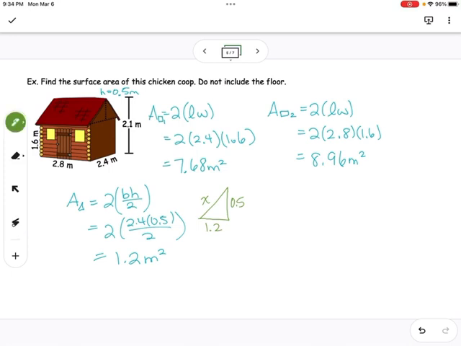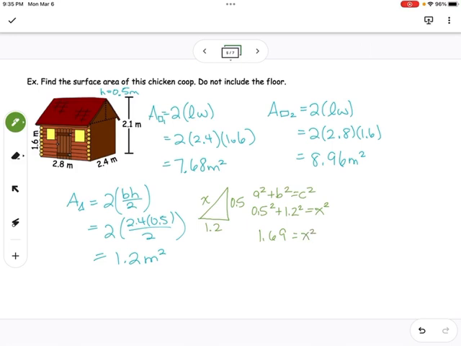So to find the hypotenuse, which will be the width of the roof, we have a squared plus b squared equals c squared, which is 0.5 squared plus 1.2 squared equals x squared. So 0.5 squared plus 1.2 squared gives us 1.69.